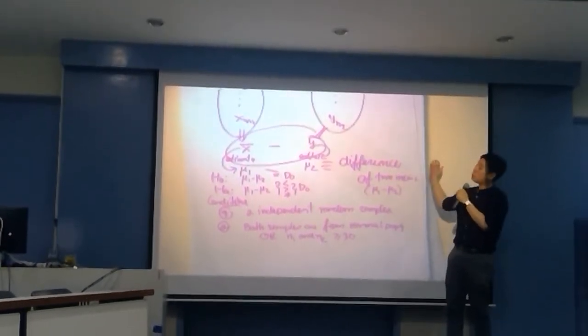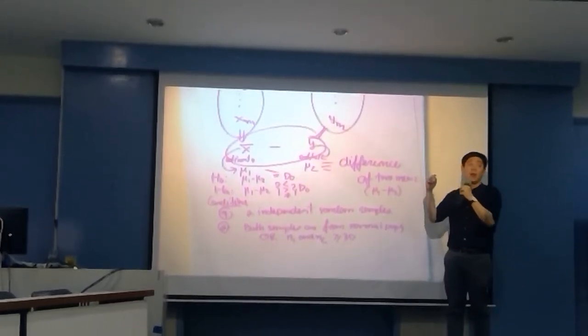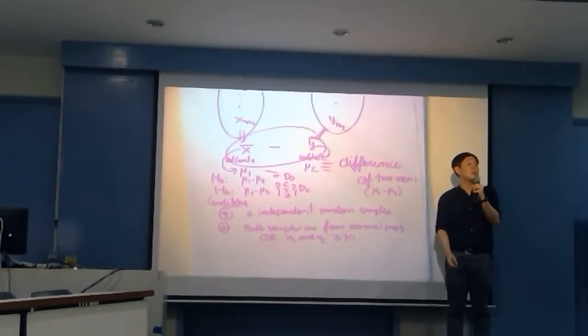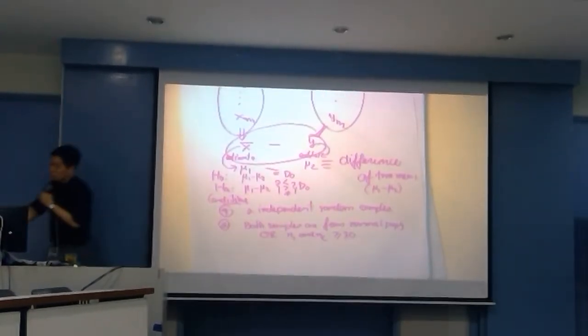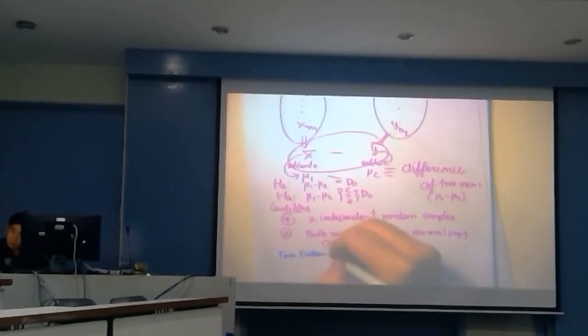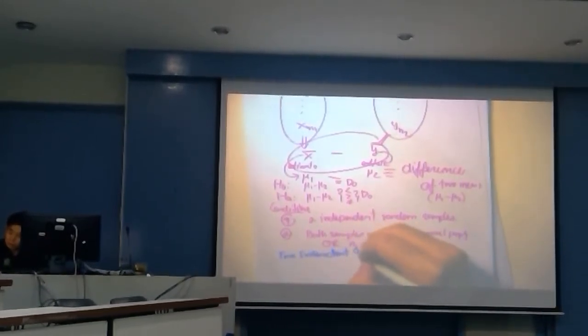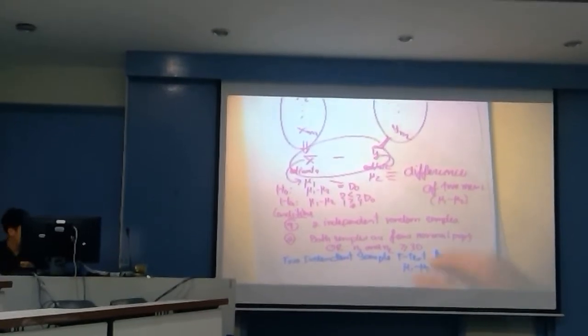At the end, you're going to have a confidence interval and the test for that. Just the basics. Right now, this one is called the two independent samples t-test for mu1 minus mu2.